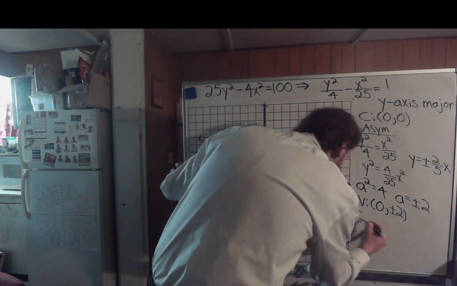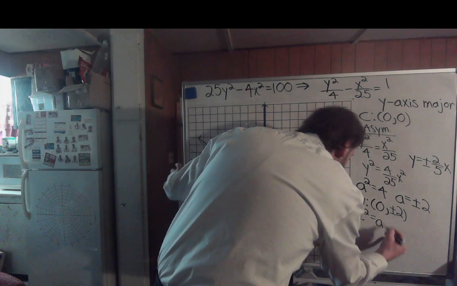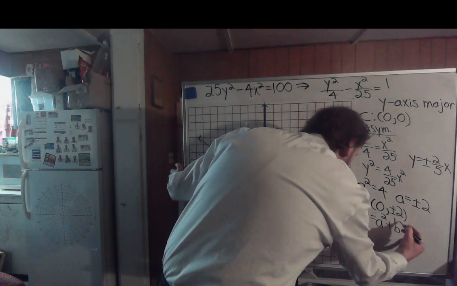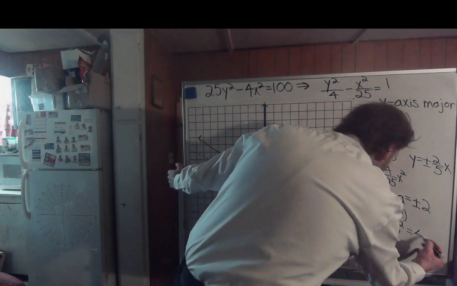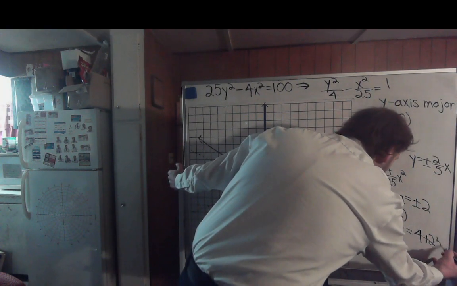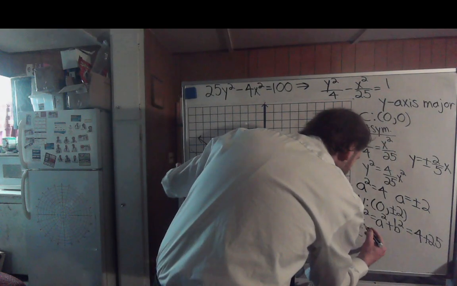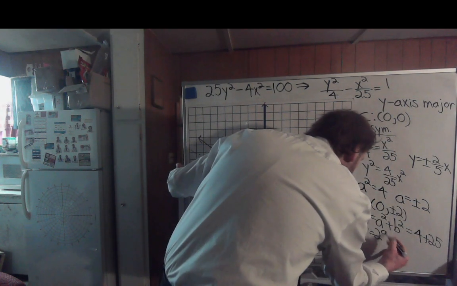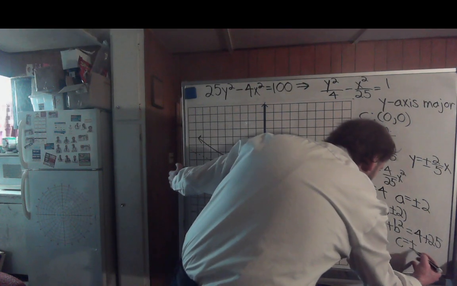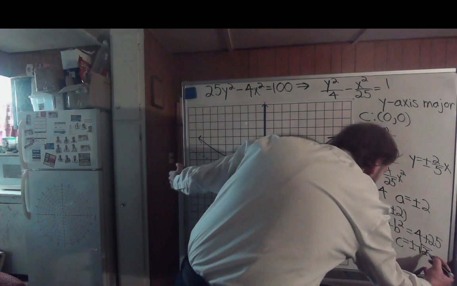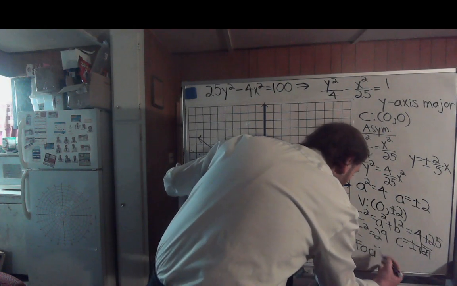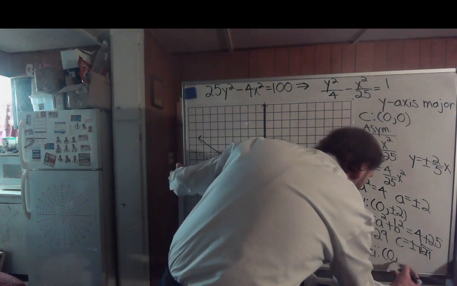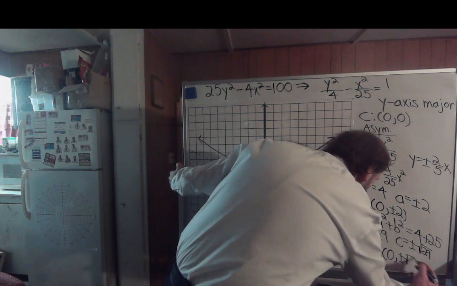So c squared equals a squared plus b squared, which would be 4 plus 25, which means c squared equals 29, so c equals plus and minus the square root of 29. So your foci are going to be at the points 0, plus and minus the square root of 29.